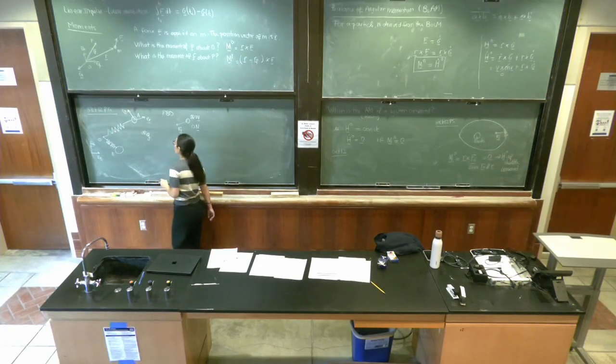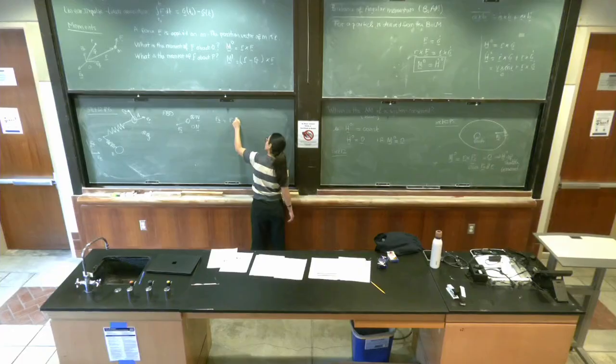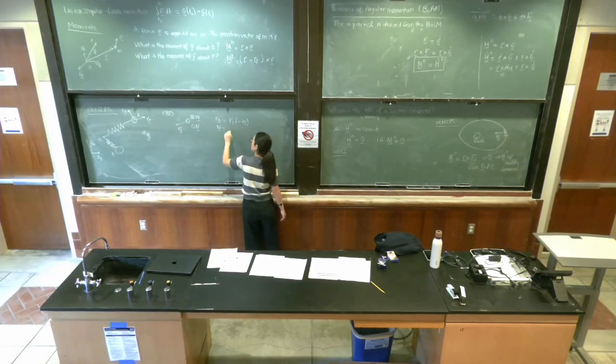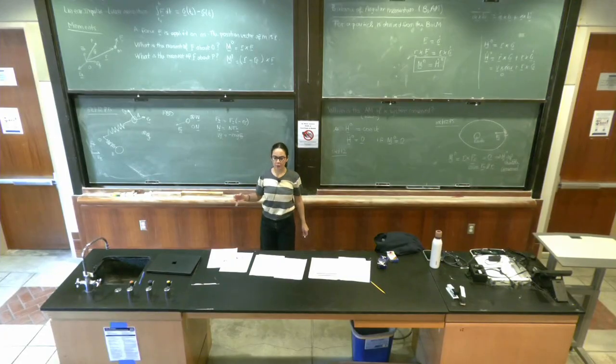What is the direction of the spring force? Yeah. Fs along negative ER. N is along EZ, and weight. What do we know about the normal force here?